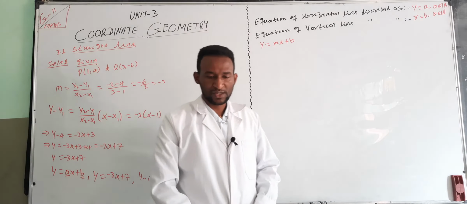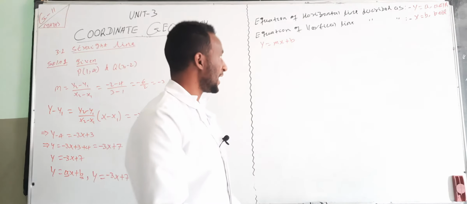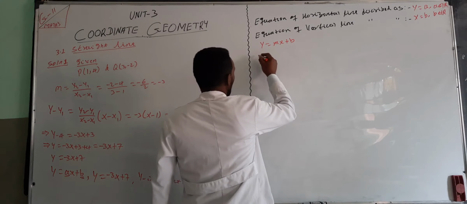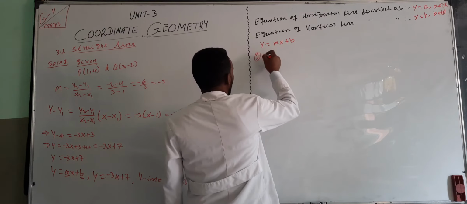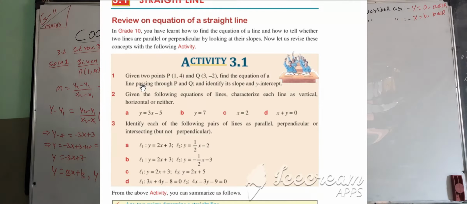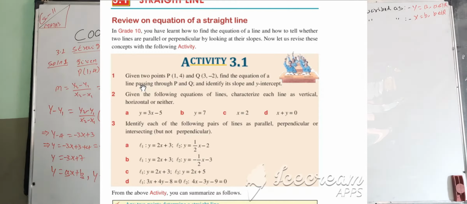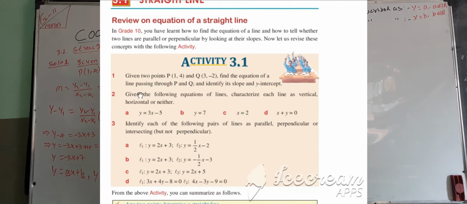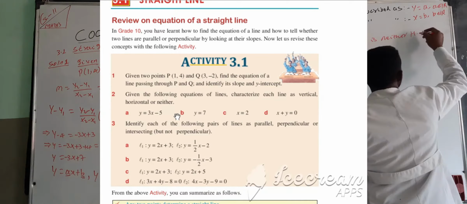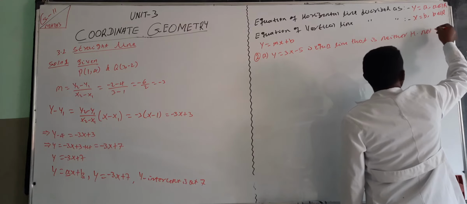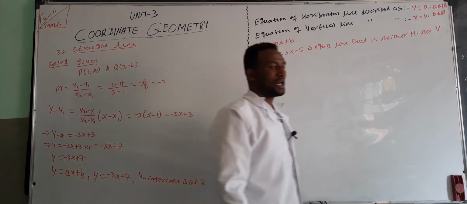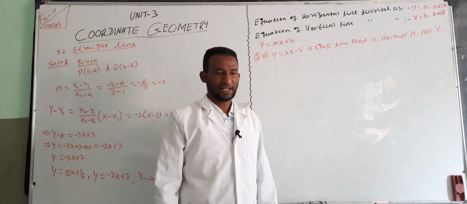Then equation number 2a, y is equal to 3x minus 5, is neither horizontal nor vertical.